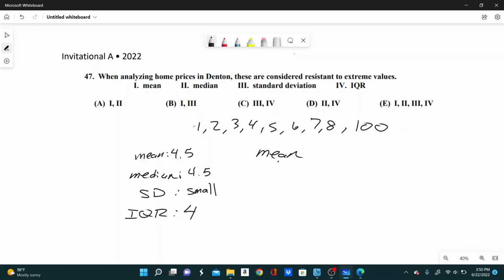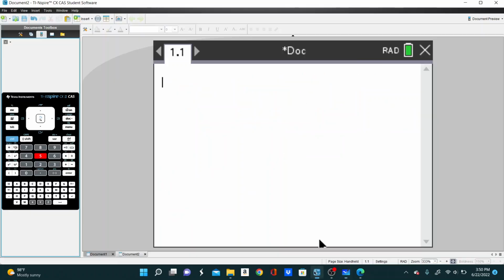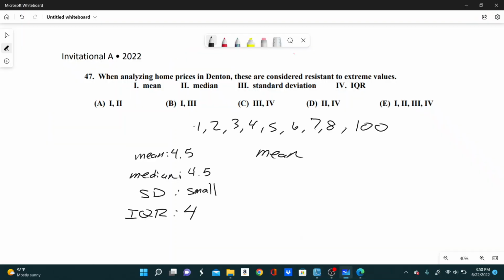So for our mean, we already know 1 to 8 is 36, plus 100 is 136. 136 divided by 9 is going to be 15.1. So already it's looking like the mean reacts pretty heavily to the extreme value. We've over tripled our mean from the original setting.